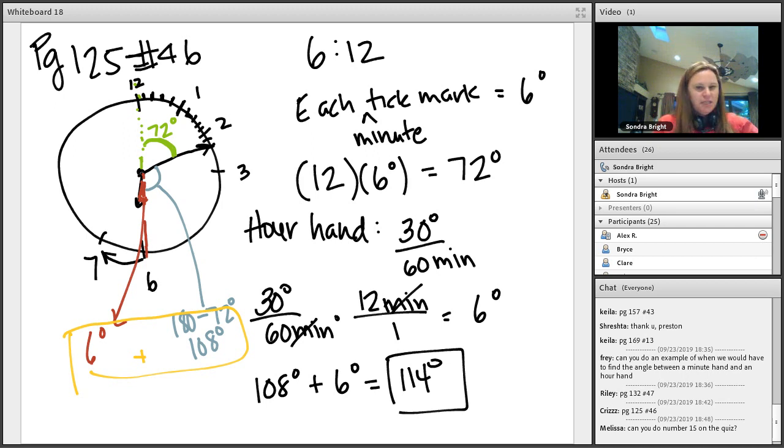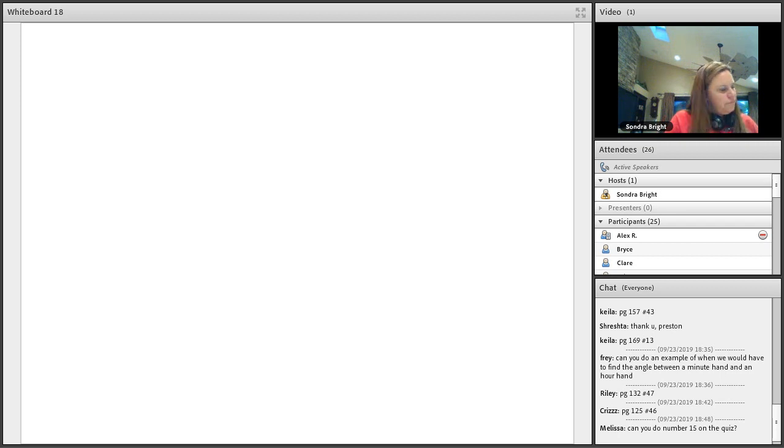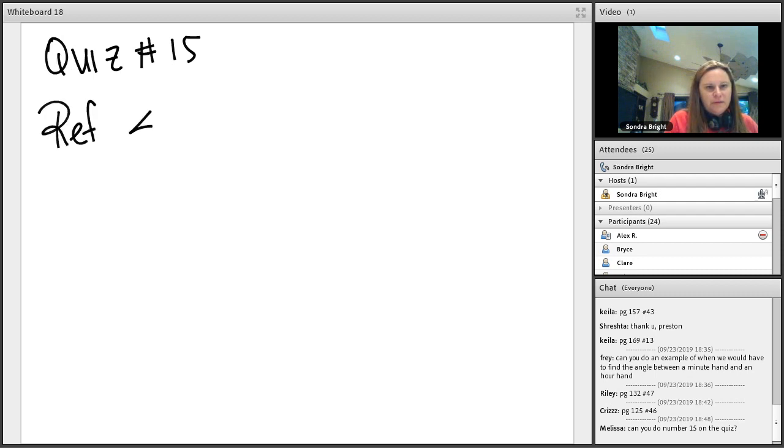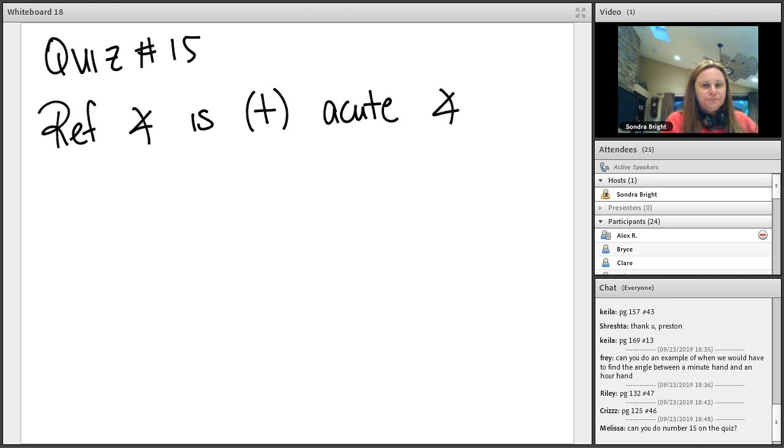Number 15 on the quiz. Okay, so what is a reference angle? A reference angle is the positive, it won't ever be negative, acute, meaning less than 90 degrees, angle that it makes with the x-axis.